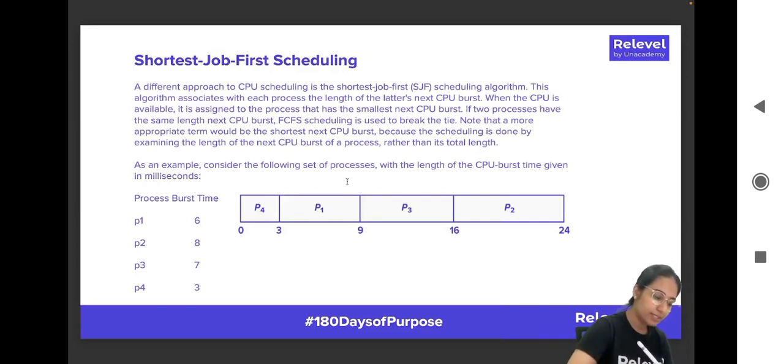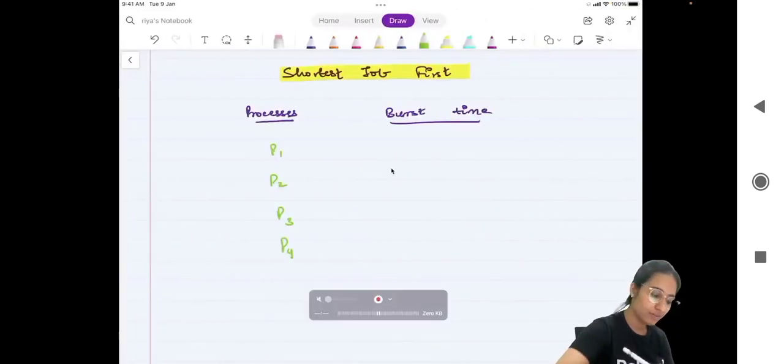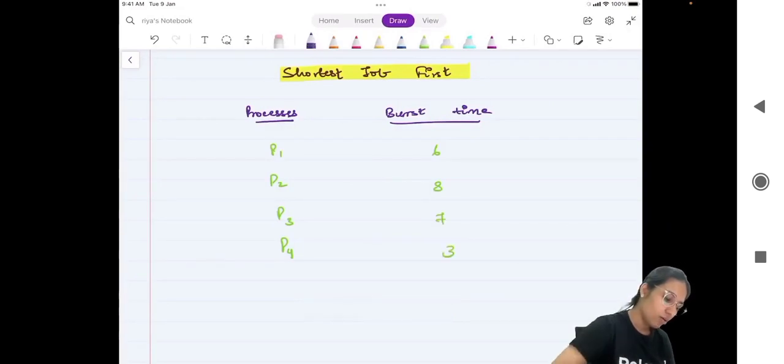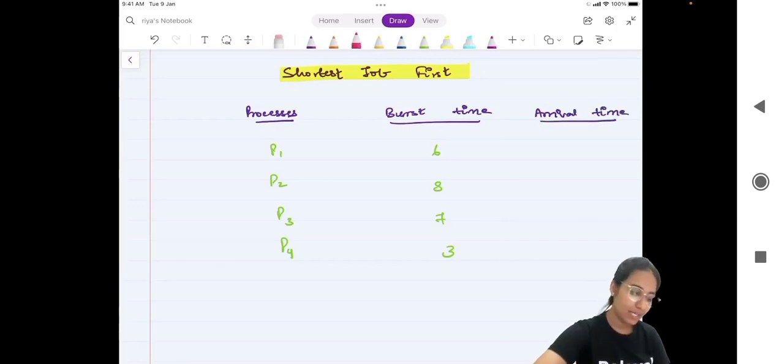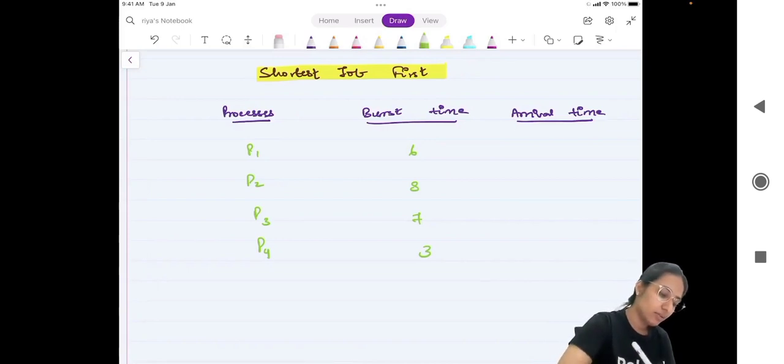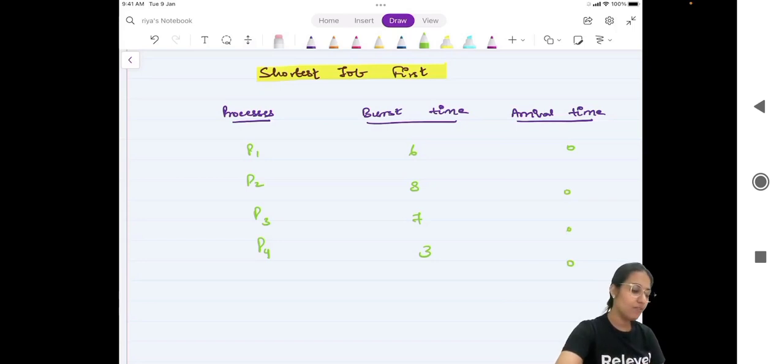Let me quickly write this down: P1, P2, P3, P4, with burst times 6, 8, 7, 3. Also assume that the arrival time for all of them is the same, at the 0th instance. So at the 0th instance itself, all of them came into the ready queue.